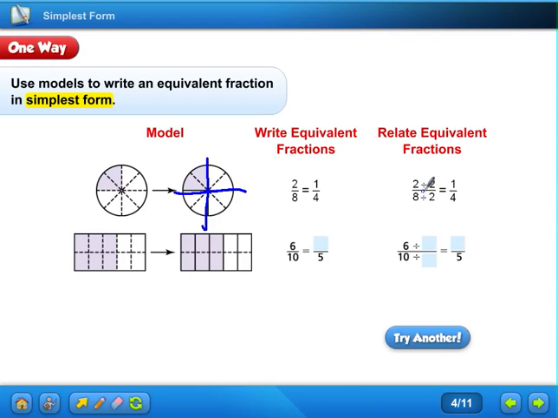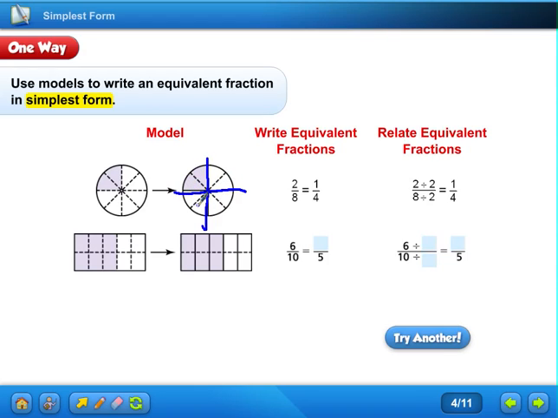Whatever you divide the top by, you have to divide the bottom by, or whatever you divide the bottom by, you have to divide the top by. The same number needs to go right here. So 2 divided by 2 equals 1. 8 divided by 2 equals 4. So 2/8 equals 1/4.